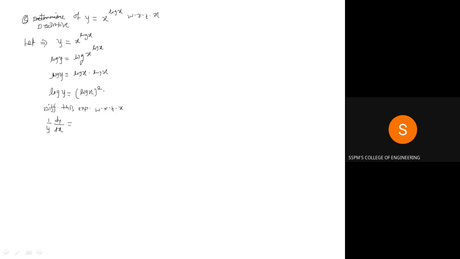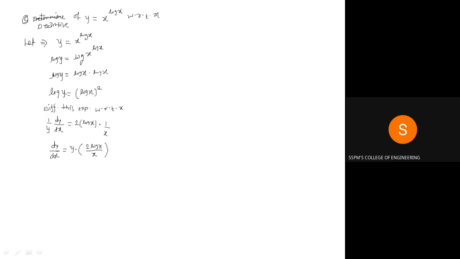So log of x whole square is there. What is the derivative? First take the derivative of the index, 2 into log of x raised to 2 minus 1. And next, the derivative of log is 1/x. So what is dy by dx? dy by dx is equal to, shift this y to the right, that is y times 2 log of x upon x.